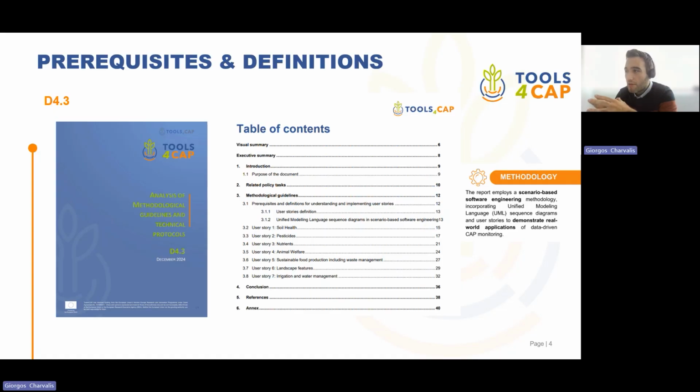The methodology we use overall in deliverable 4.3 is the scenario-based software engineering methodology. The background behind it is a bit technical because it comes from software developing. But we will use terms that are easy to follow, for everyone to understand this.